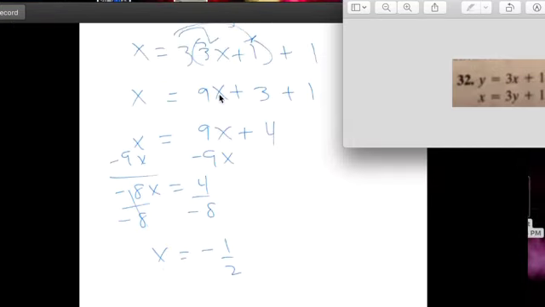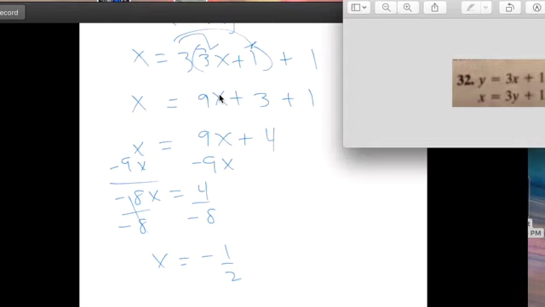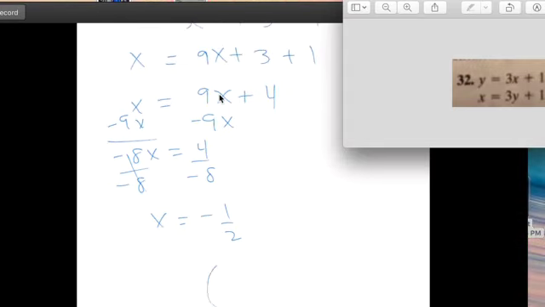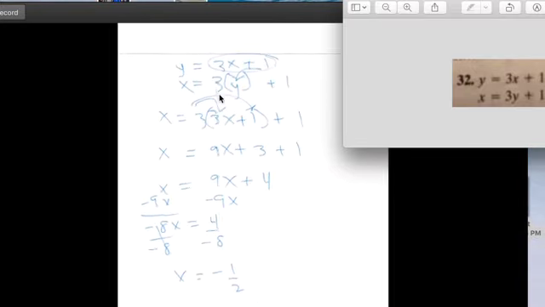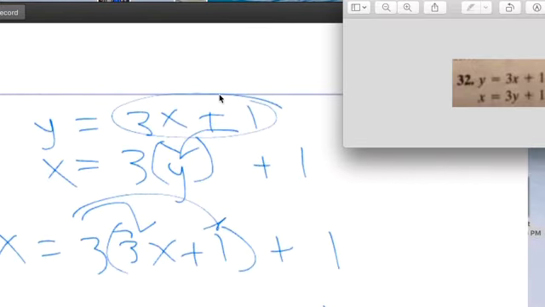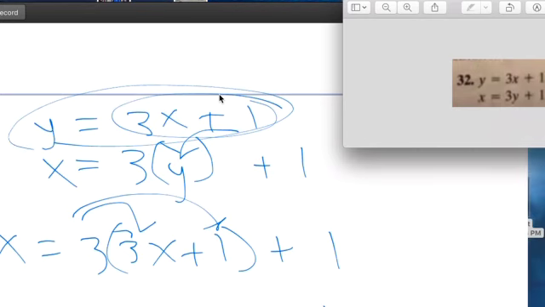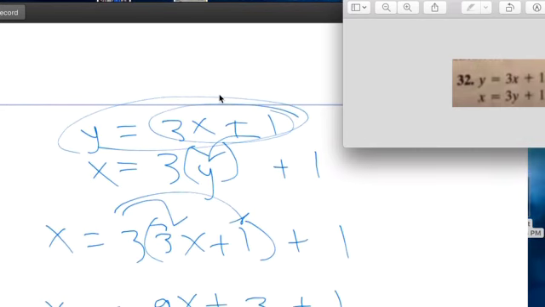So if x is negative 1/2, now y, okay, I'll take the top one here. So to find y, 3 times negative 1/2, add 1.